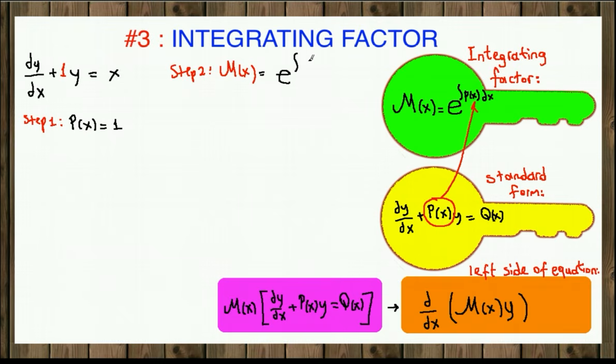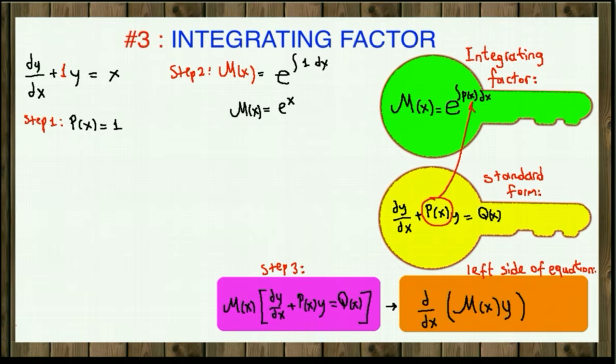Our p of x is 1, so the integral of 1 dx. The integral of 1 with respect to x is x. So our integrating factor is e to the x. Now this is step 3. Step 3 is to multiply the whole equation by mu of x. Let's do that.